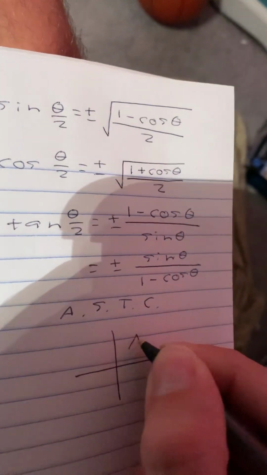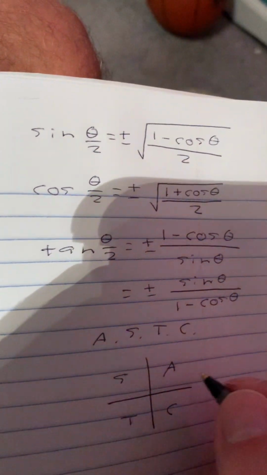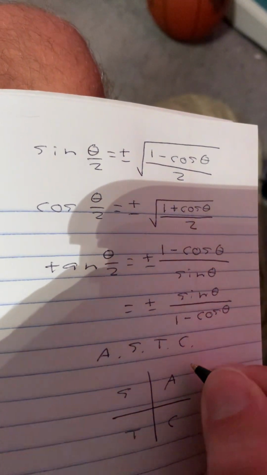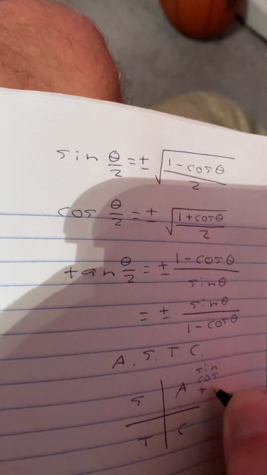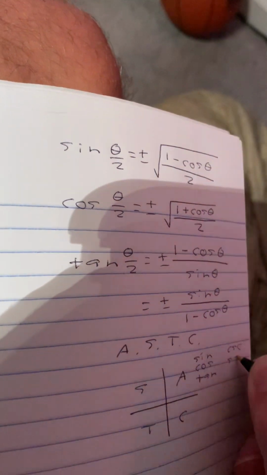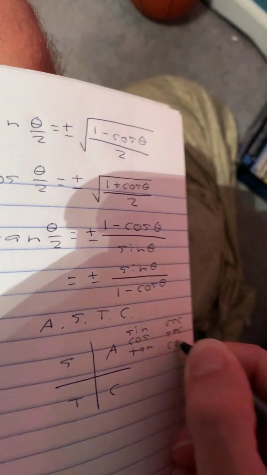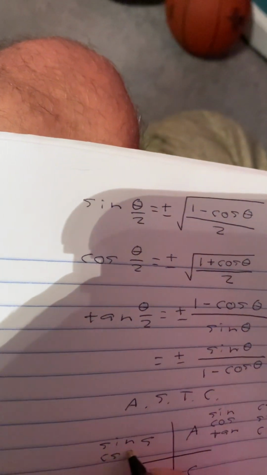So A right here, S right here, T right here, C. Meaning all trig functions like sine, cosine, tangent, cosecant, secant, cotangent, right? And all the sine functions here, which are sine and cosecant.